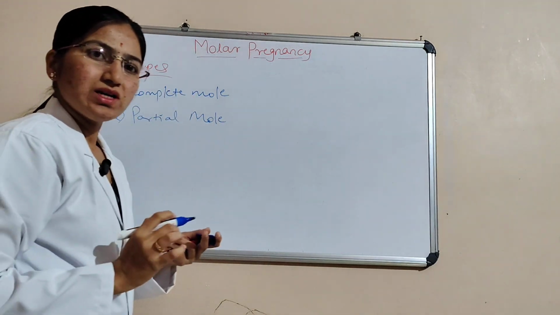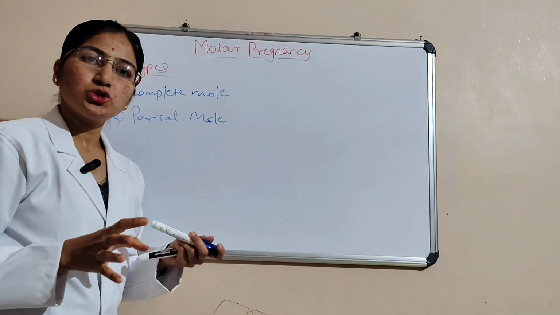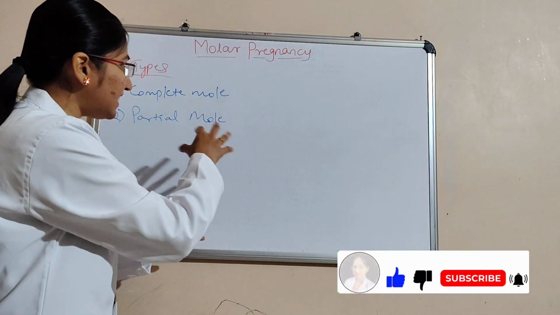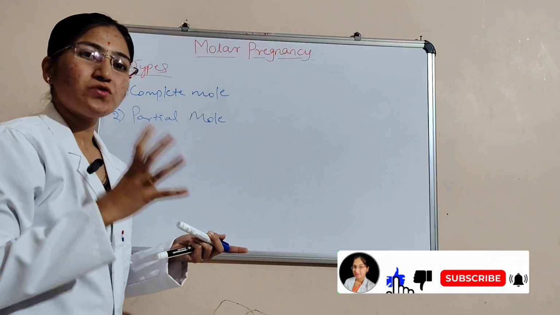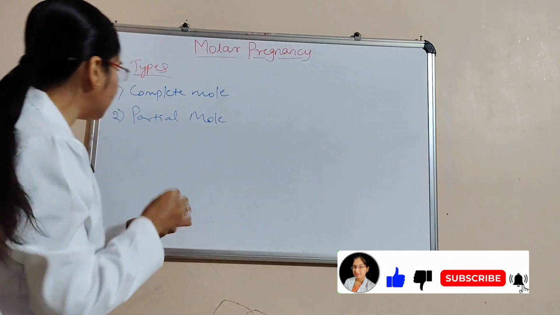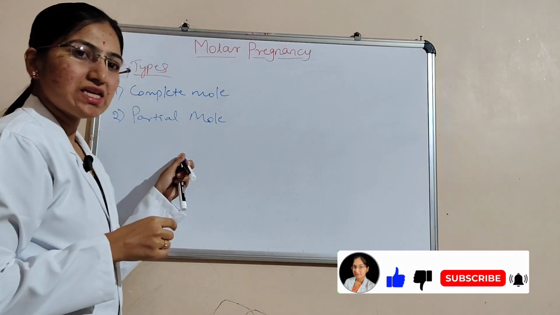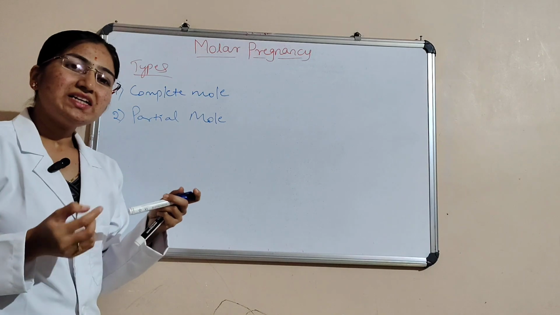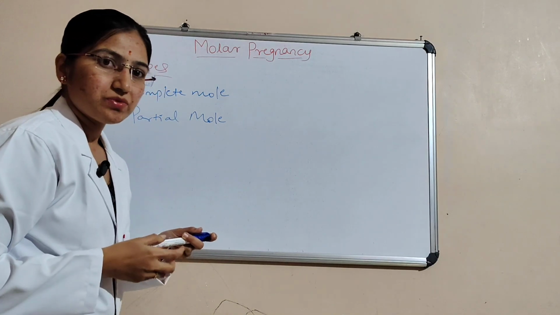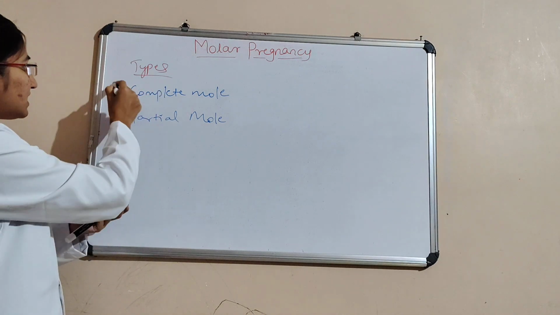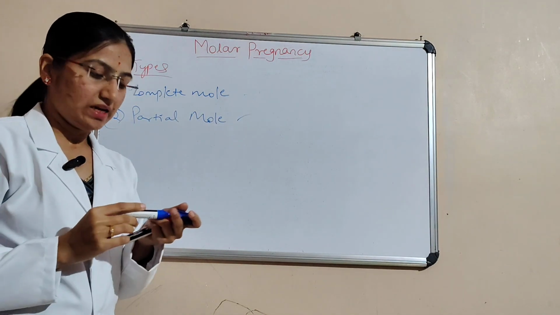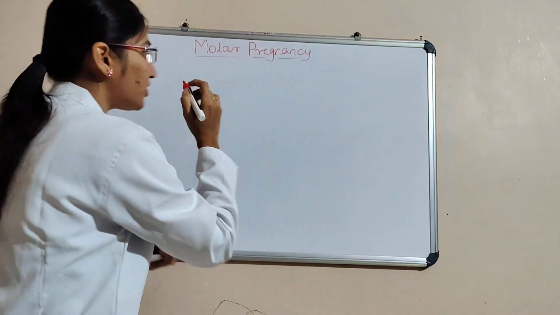Complete mole in the sense no fetal tissue is present, entirely it is covered with the trophoblastic growth. And partial mole in the sense a little fetal tissue we can find with the abnormal growth. These are the types of molar pregnancy.